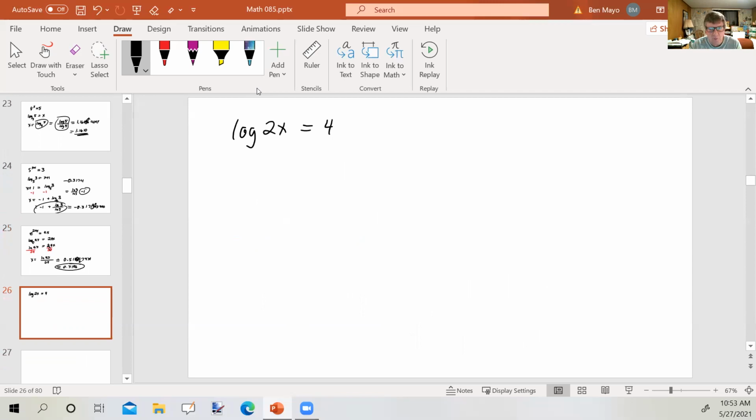If you're solving a logarithmic equation, most likely you're going to change it into an exponential equation to solve it. Here we have a logarithmic equation. I want to remind you that this is log base 10. If I rewrite this as an exponential equation, it would look like this. 10 to the 4th power equals 2x.